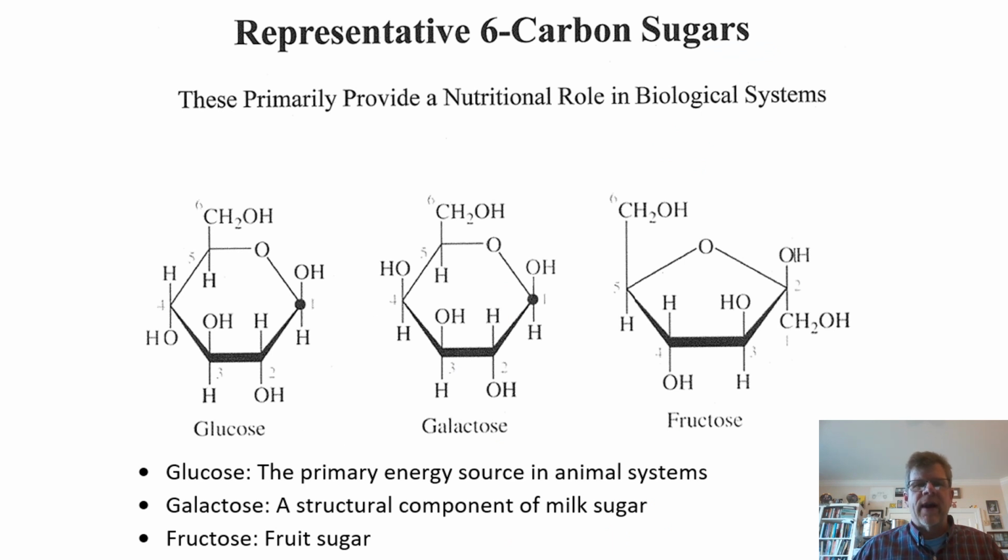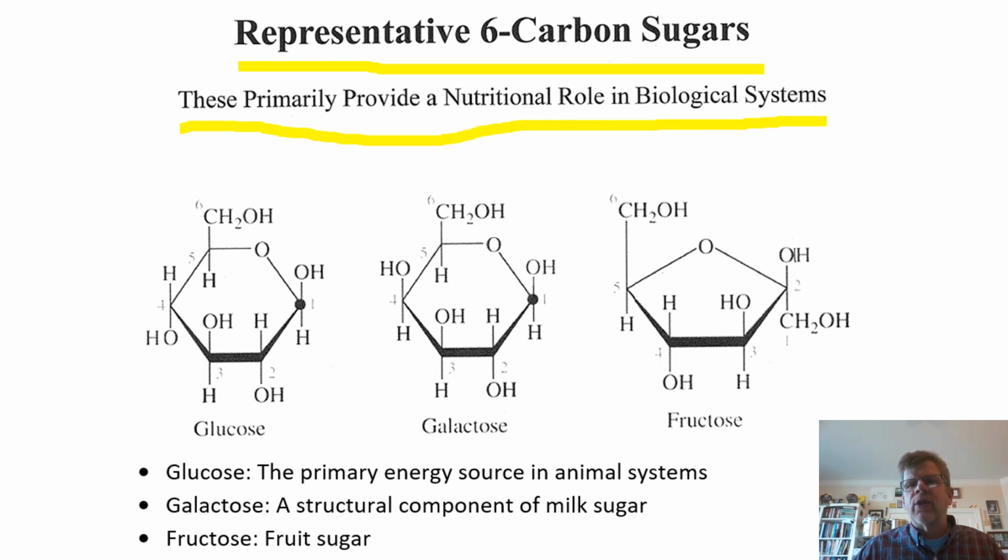So let's summarize our representative 6-carbon sugars up top here. We have 3 of them, and these 3 have some similarity in that they all provide a nutritional role in biological systems. You think sugars, of course it's going to be a nutritional role. However, we're going to find a couple of other sugars or carbohydrates that don't play a nutritional role, but rather other roles as well.